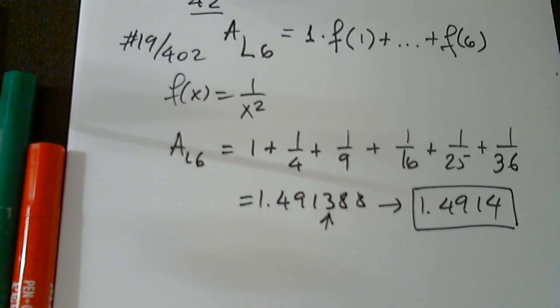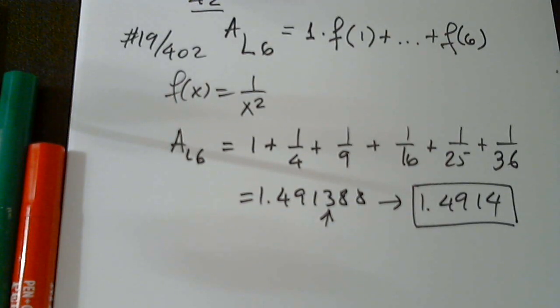Okay, so let's look at 20. Approximate the area under the graph of our favorite x squared plus 1 over the interval 0 to 5 by computing the area and so on and so forth. Now, again, we have to identify whether we're using leftmost point or rightmost point.